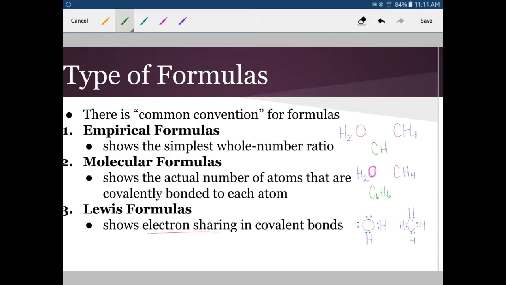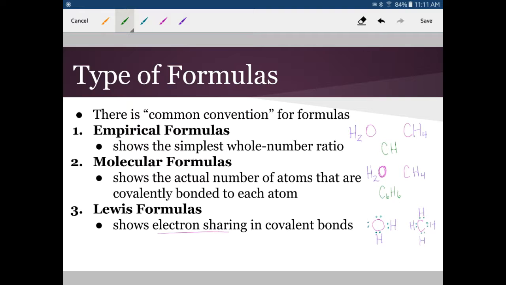It just tells us that for every single carbon, there's 1 hydrogen, but it doesn't tell us how many carbons there are in existence and how many hydrogens there are in existence. That is why our molecular formula here often gives us a great deal more information about what is going on in that chemical compound.